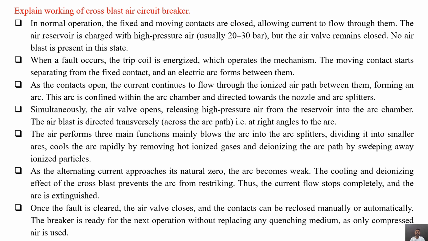Once the fault is cleared, the air valve closes and the contacts can be reclosed manually or automatically. The breaker is ready for the next operation without replacing any quenching medium, as only compressed air is used for the arc extinguishing. So this is the simplest working of a cross blast air circuit breaker.